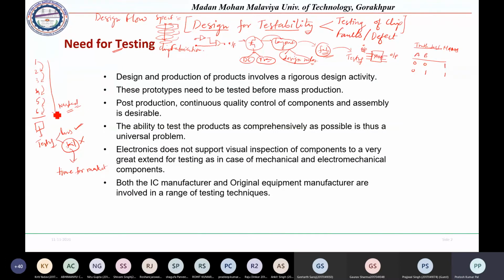And why are we going for testing at each stage? After each stage we need testing, because the specifications given are followed in each step. So at each design step of the design flow, we go for testing. If it passes, then only we move to the next step.